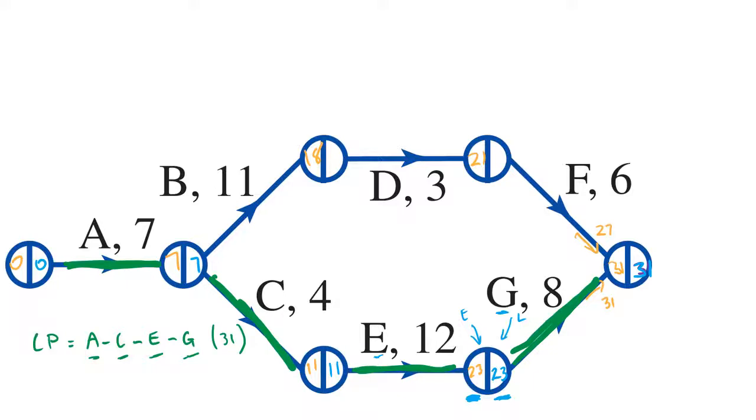But let's have a look at the other path now. So 31 take 6 is 25. Now we can quickly see that we've got a float time here of 4 minutes.